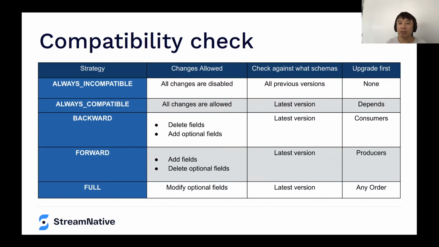And the second thing is, as I mentioned, within the Pulsar topic, multiple schema versions are maintained. So that means when you have a schema uploaded, you need to decide two things: what schema you want to compare.